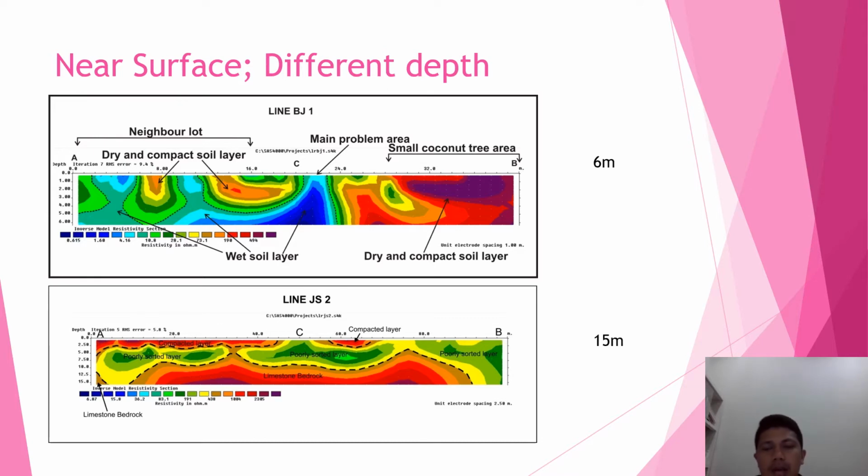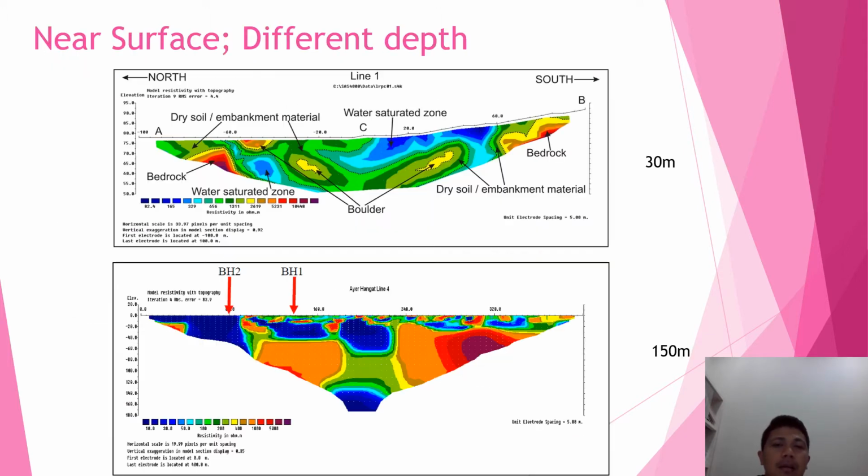It depends on how long you lay out the cable, because normally for resistivity methods we can get deeper information based on how long we lay the cable. So let's say this one we lay the cable around 40 meter and then you get 6 meter, and the second one you get 50 meter.